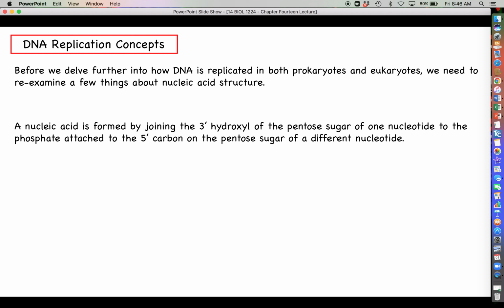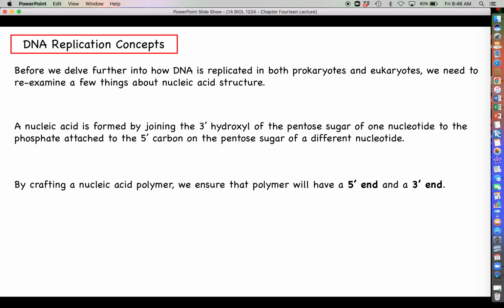So what the enzyme is going to do in catalyzing the dehydration synthesis reaction here is form a covalent bond between the phosphate and the hydroxyl of two different nucleotides. So the 5' phosphate and the 3' hydroxyl.